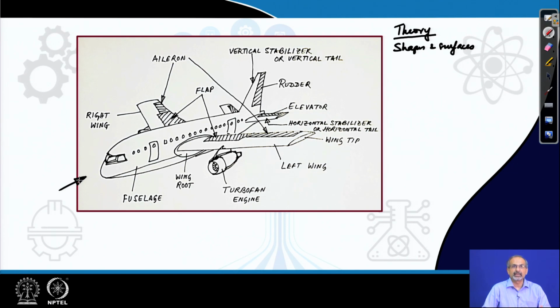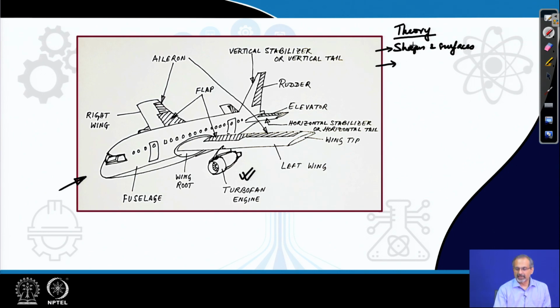You have to run the engines to generate thrust. You have to make the aircraft take off from an airport, reach cruise conditions, then again glide and come and touch down safely on the airport, and so on. So, shapes and surfaces on the aircraft make this happen along with the engine which generates the desired thrust.